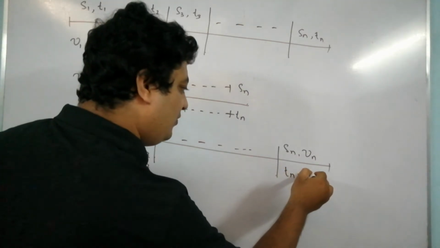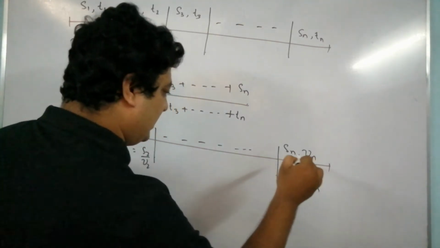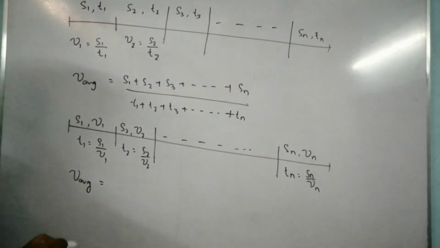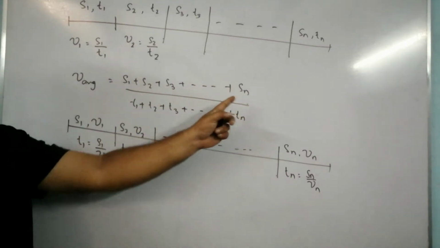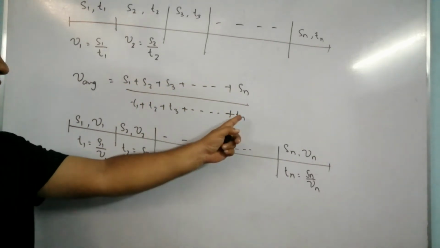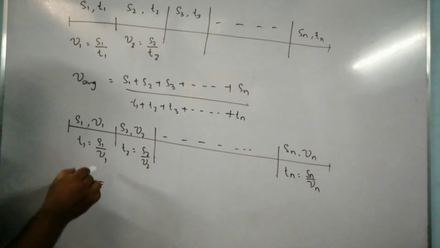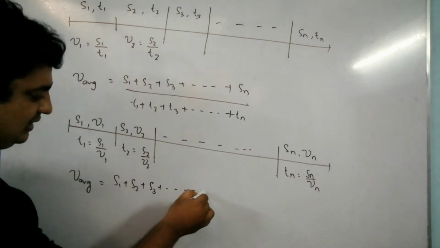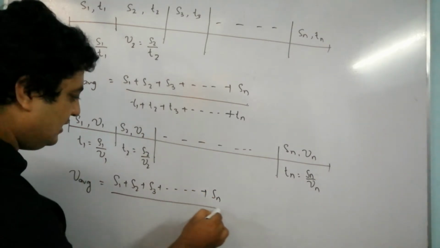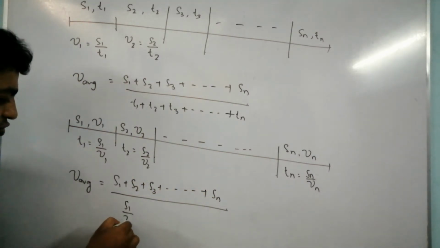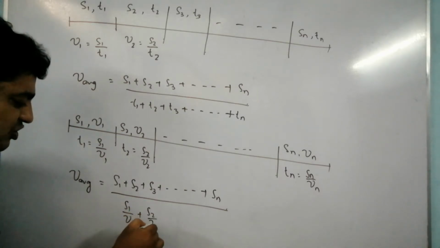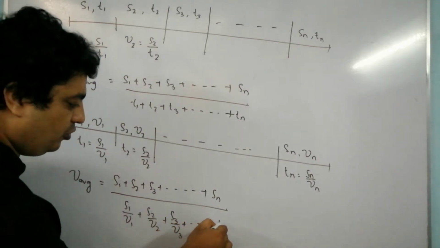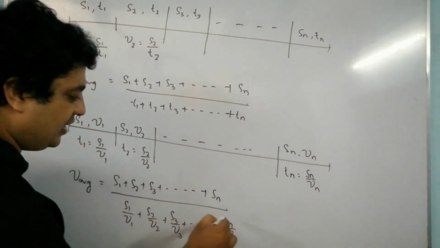So, time tn will be sn by vn. So, the average speed will be s1 plus s2 plus s3 up to sn divided by t1 plus t2 plus t3 up to tn. So, we can write it will be s1 plus s2 plus s3 up to sn divided by s1 by v1 plus s2 by v2 plus s3 by v3 up to sn by vn.